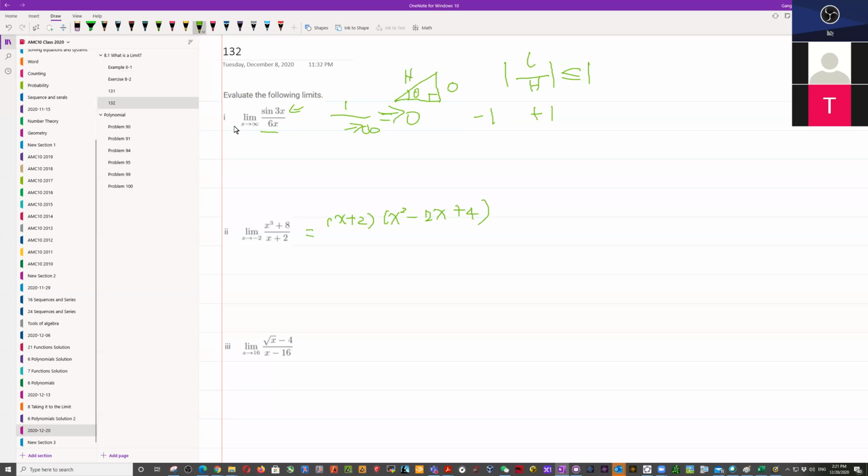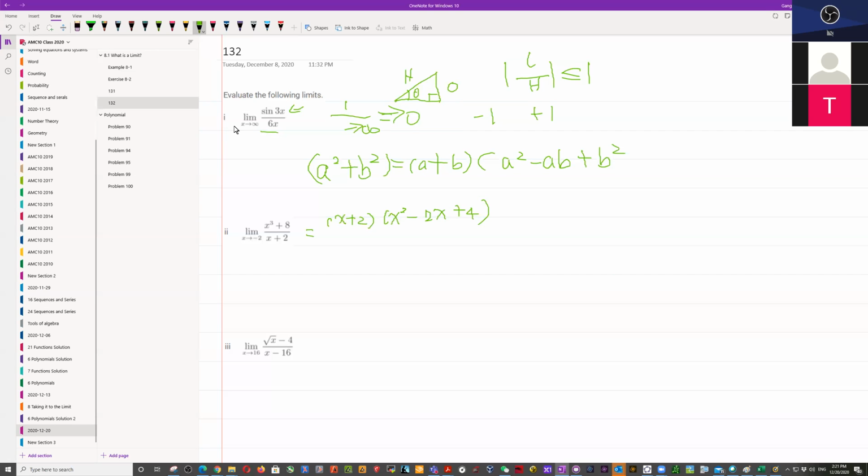So how do I know this? Because it's a cubic function. It's called the cubic addition identity, a polynomial identity. a cubed plus b cubed is equal to a plus b multiplied by a squared minus ab plus b squared.